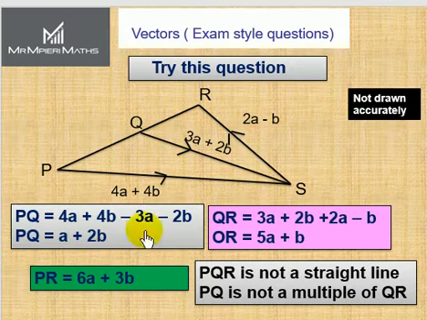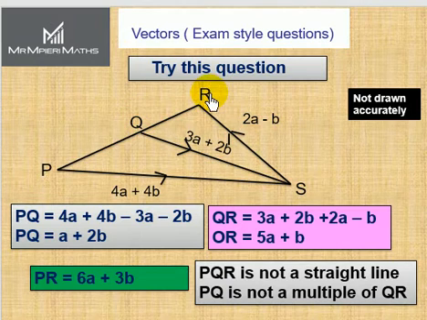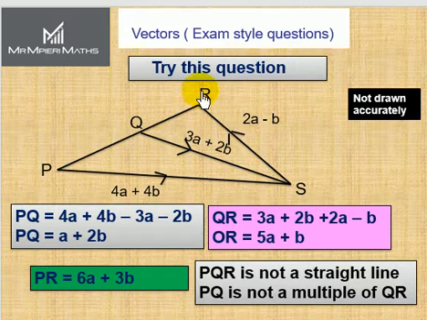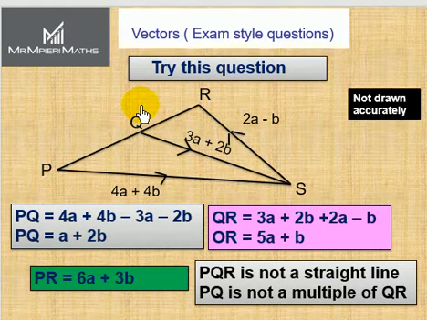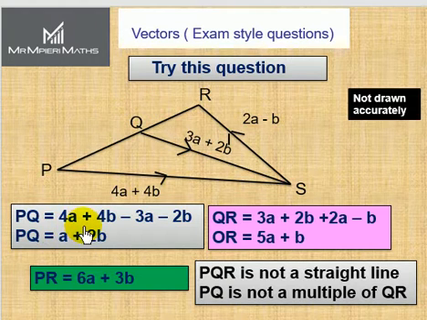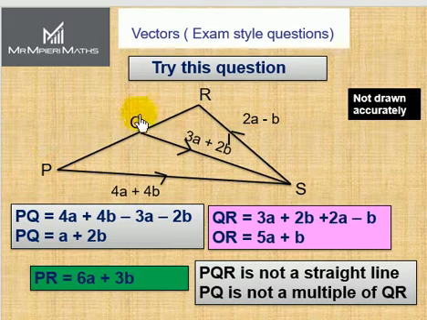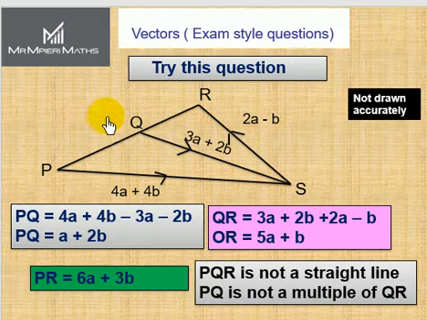Okay, let's have a look at it. It's asking about PQR, so we need to find PQ and we need to find QR. If QR is a multiple of PQ, or PQ is a multiple of QR, then PQR is a straight line. Otherwise, no. So PQ is 4a plus 4b. For PQ, we're going towards this direction, PS plus SQ.